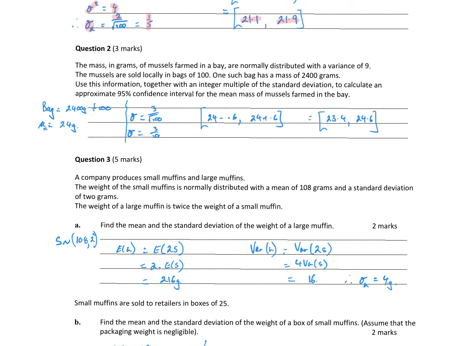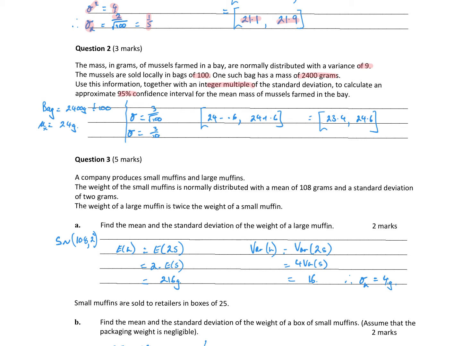All right, so we've got mussels farmed in a bay, normally distributed with a variance of 9. The mussels are sold locally in bags of 100. One such bag has a mass of 2,400 grams. Use this information together with an integer multiple to calculate a 95% confidence interval.